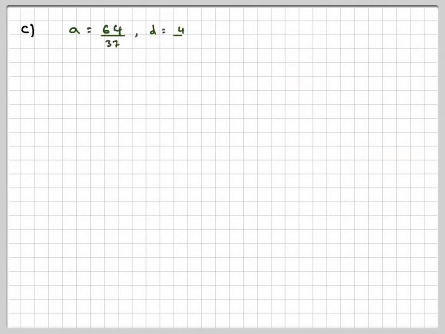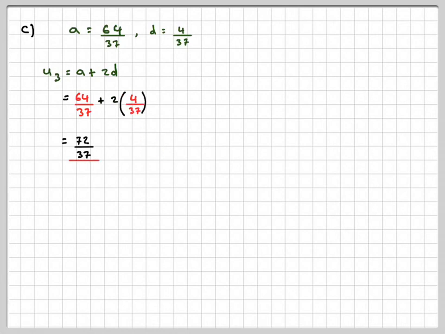So using that information, we can now find what those 3 terms were. The third term was a plus 2d, which is 64 over 37 plus 2 times 4 over 37. Again, using the fraction button on your calculator, you're going to get 72 over 37. Leave it as an improper fraction.